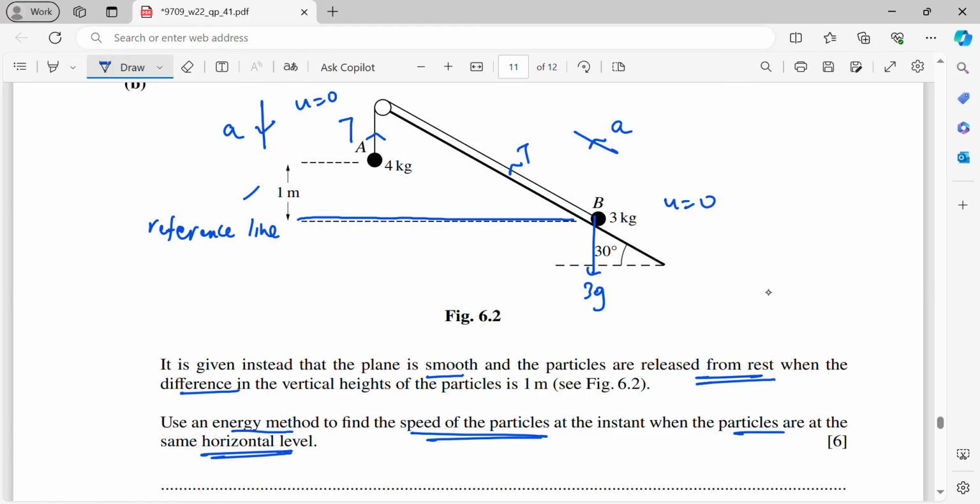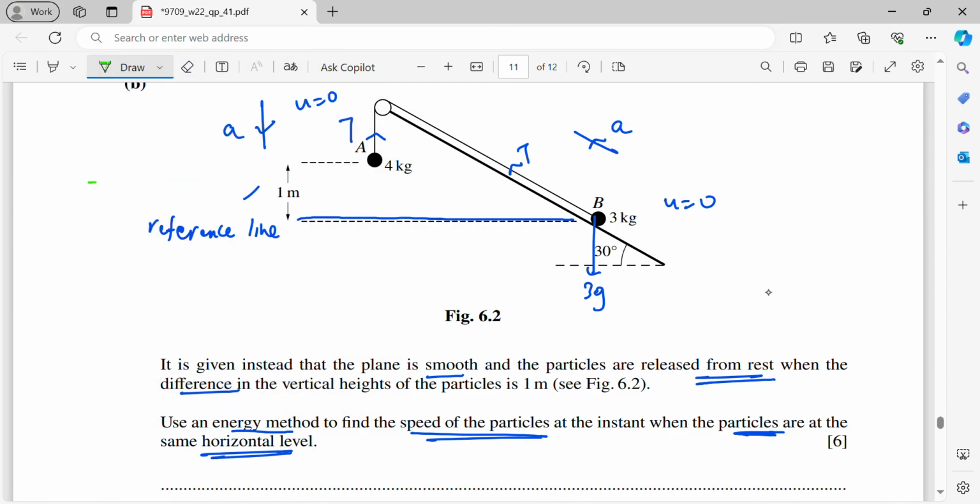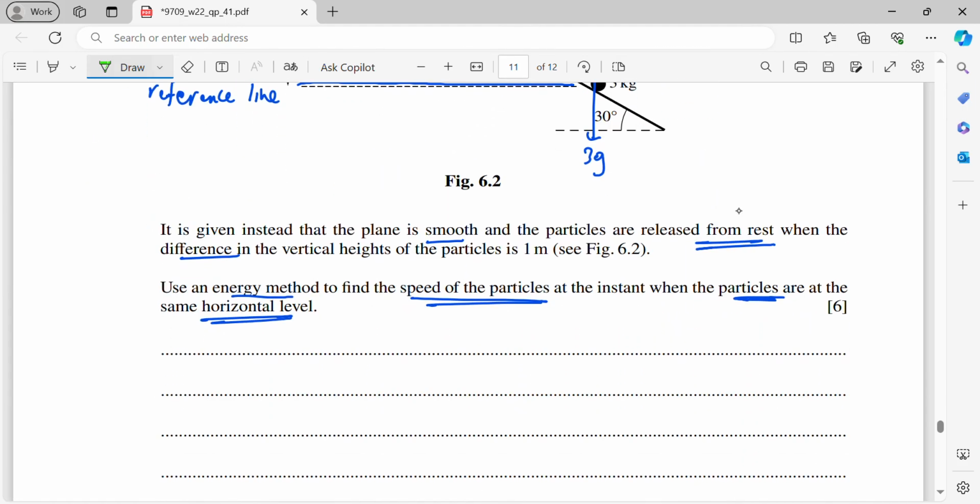Okay, because the question asks for when the particles are at the same horizontal level, it means that now A will go down, and then B will go up. So it will be at the same horizontal level. That's why I let this be X, and then I will let this be Y. Clear? So now I will define first.